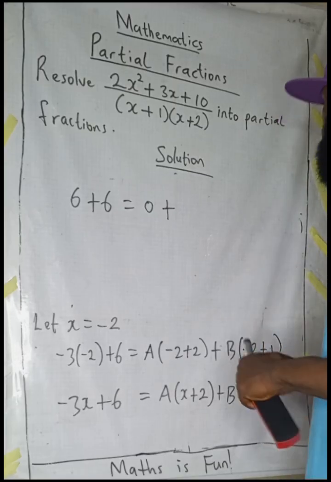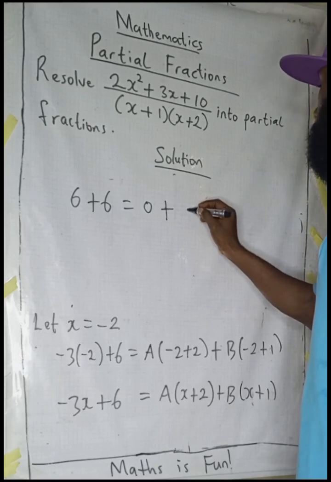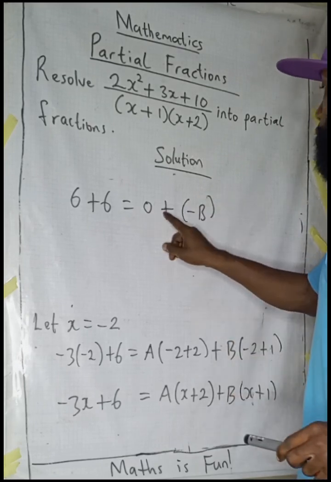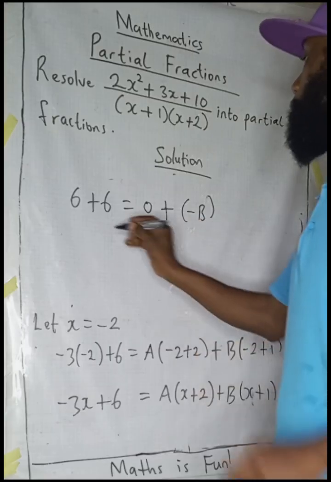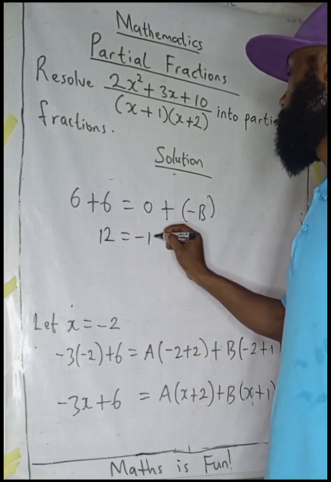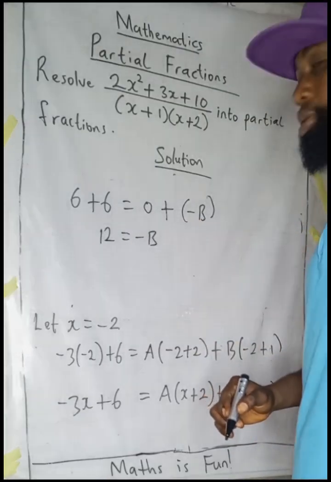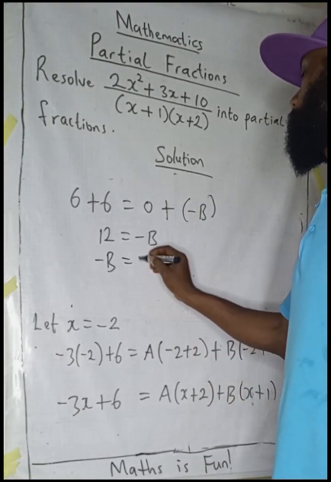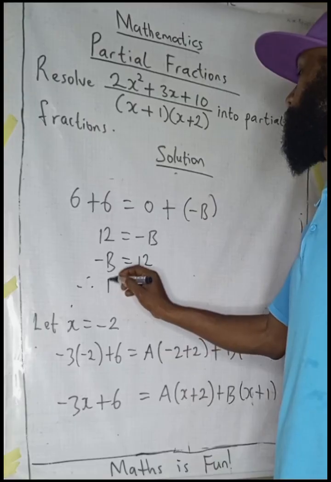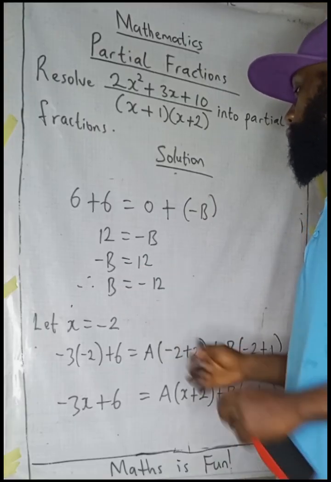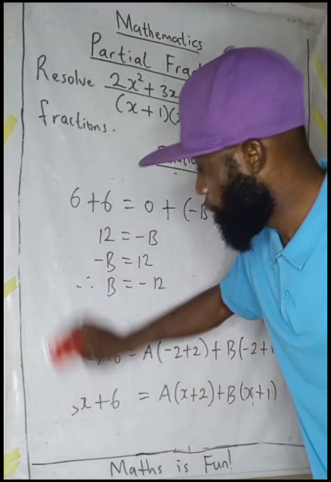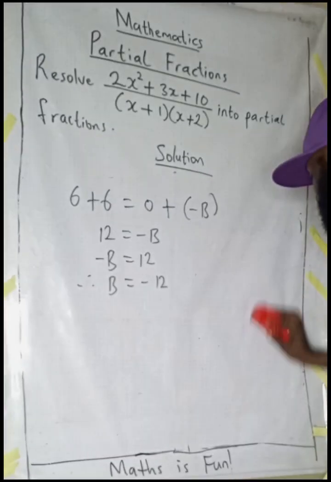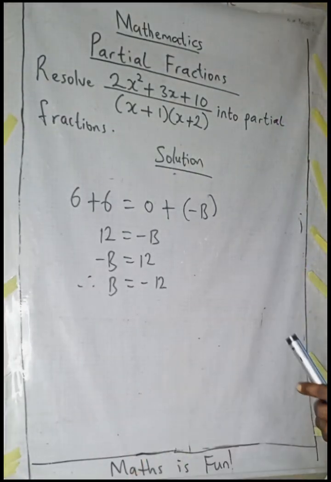So minus 1b, simply say minus b. So this is 0 minus b. 12 is minus b, right? Good. So minus b is 12. Therefore b will be minus 12, like dividing both sides by minus 1.